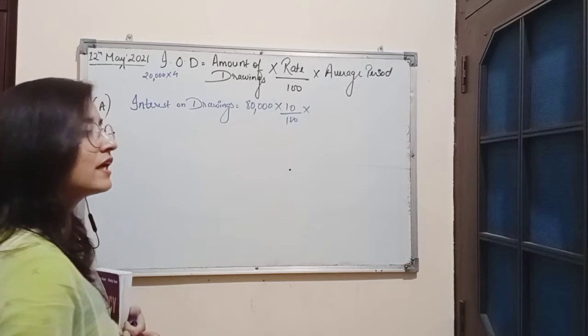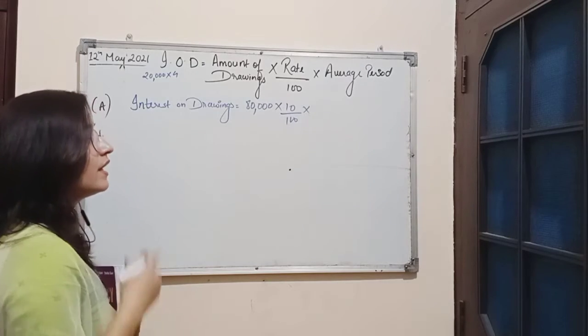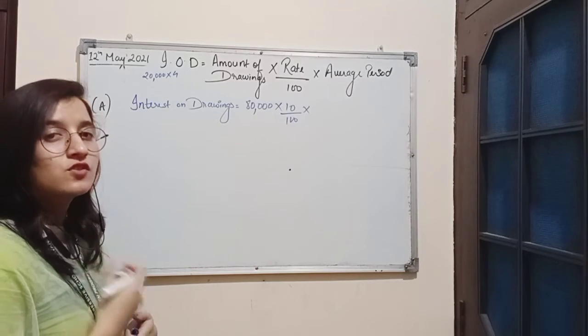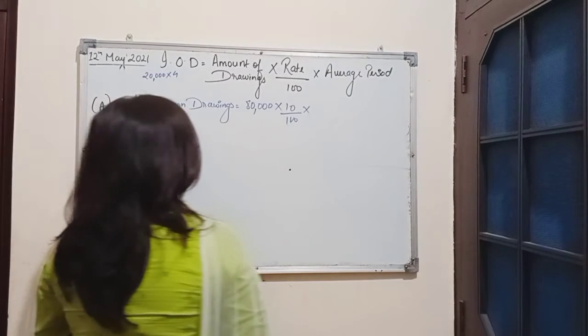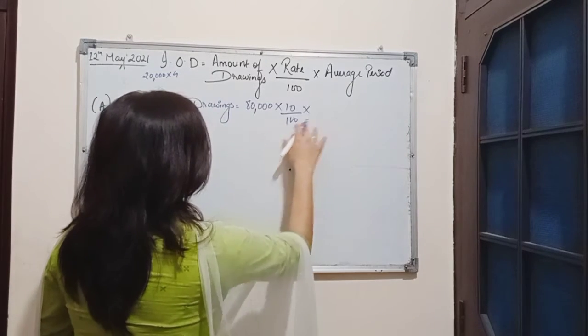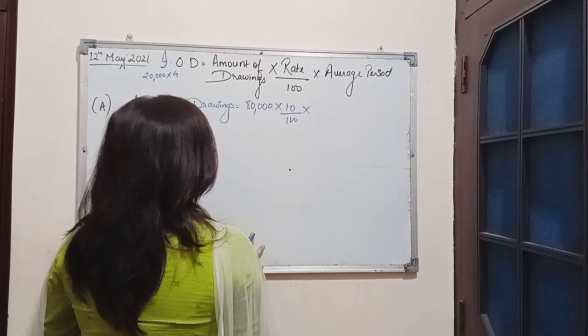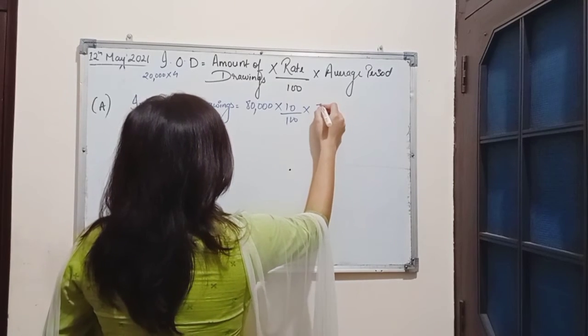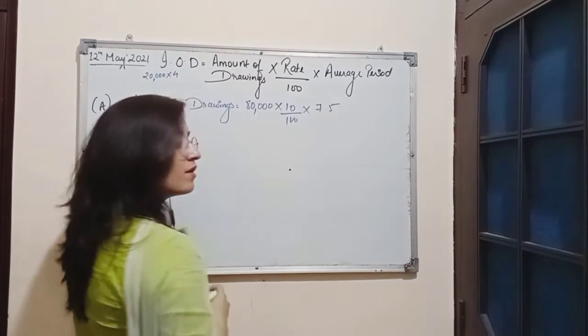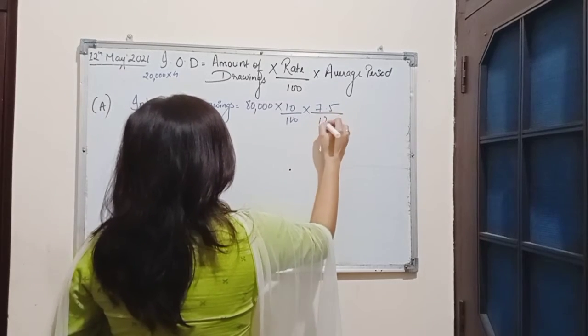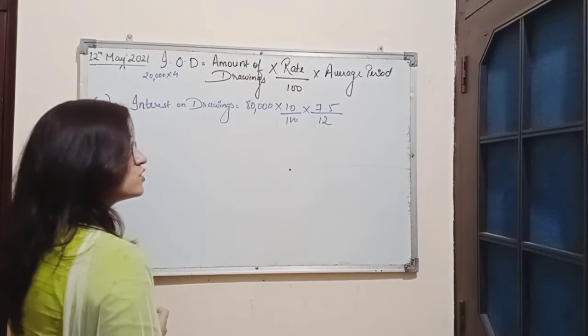And we have already calculated the average period in the case where the drawing is withdrawn in the beginning of every quarter. Average period in this case is calculated for 7.5 months. So here we'll divide it by 12.